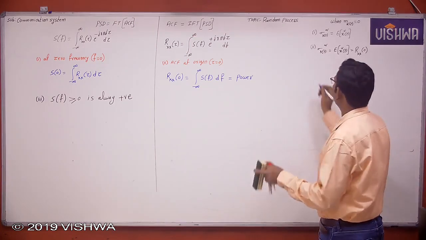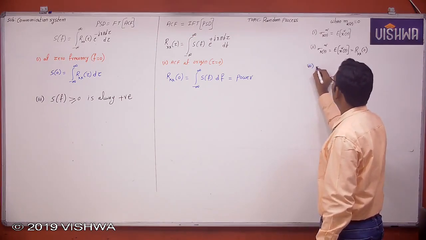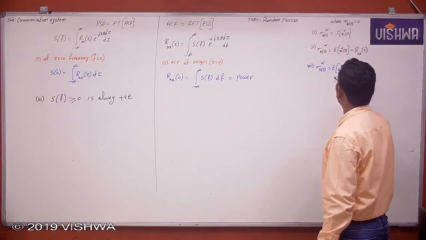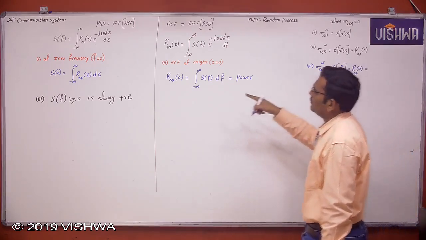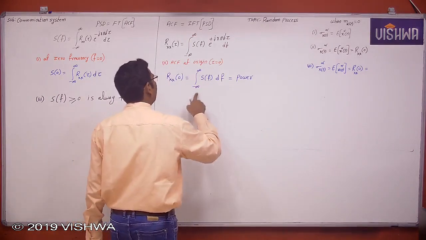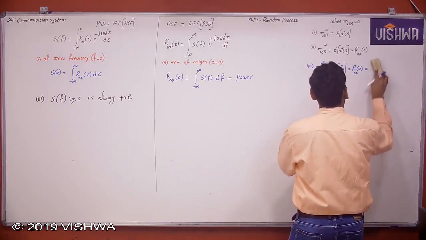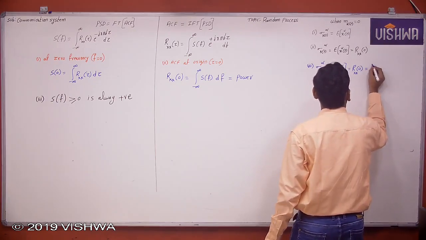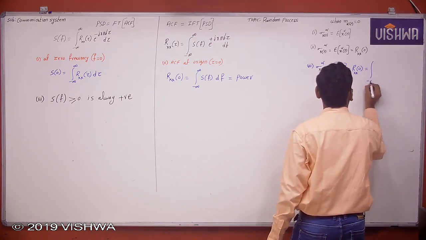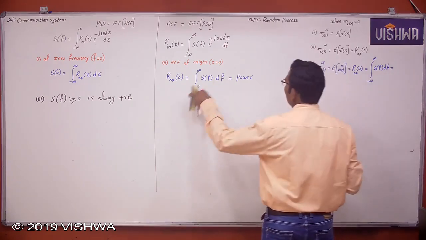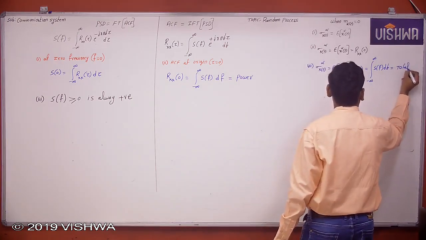Now, what is the third relation? The mean square of a random process is equal to the variance of the random process, which is equal to the autocorrelation function at the origin, which is equal to the area under the power spectral density, which is equal to the total power.